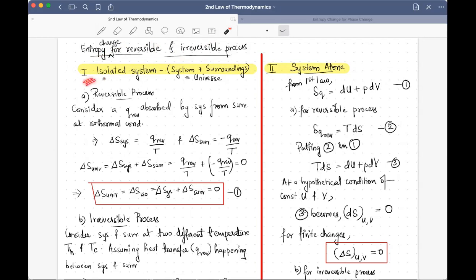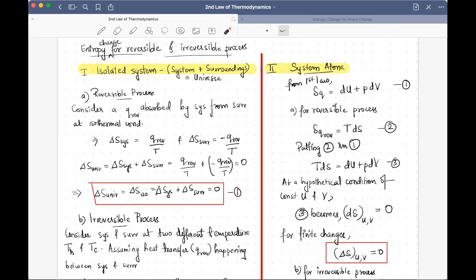The first system is the isolated system. The second system is one in which we are only considering the system without taking into consideration the surrounding. In these two aspects, we are going to calculate the change in entropy for both the reversible and irreversible process. So let us first look at the isolated system.